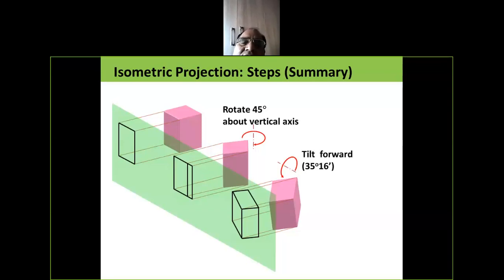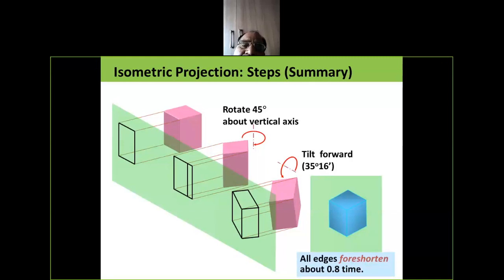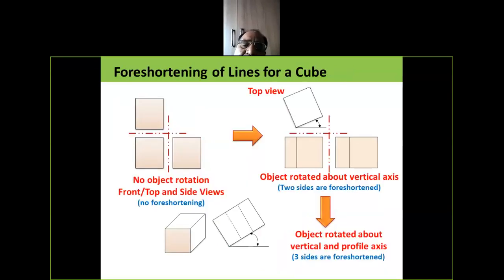This is the summary of the steps we have discussed. So these will give the isometric, and the shape looks like that.